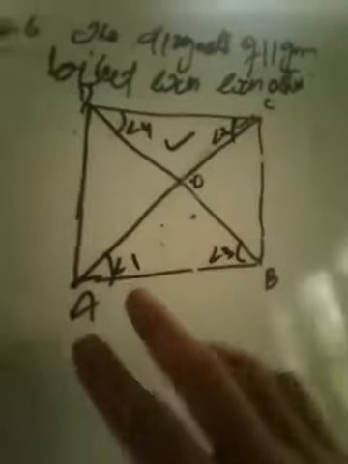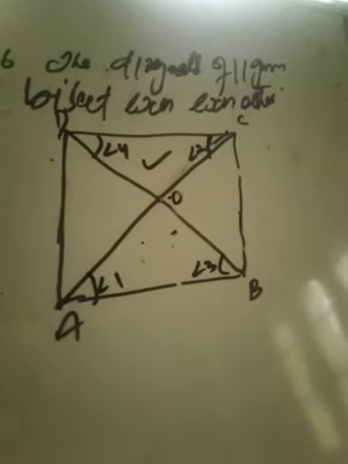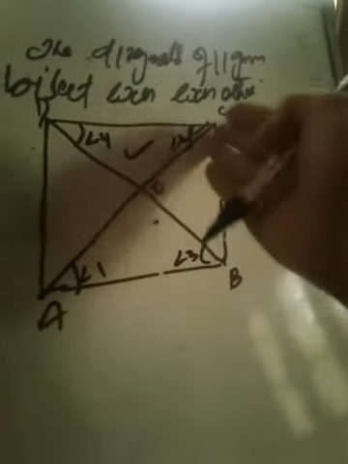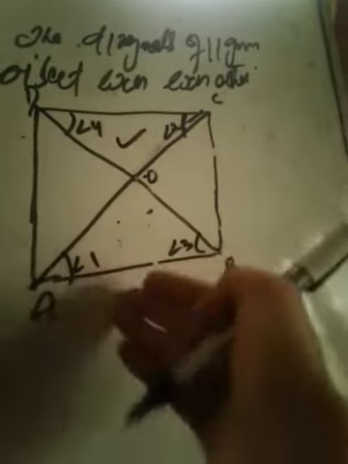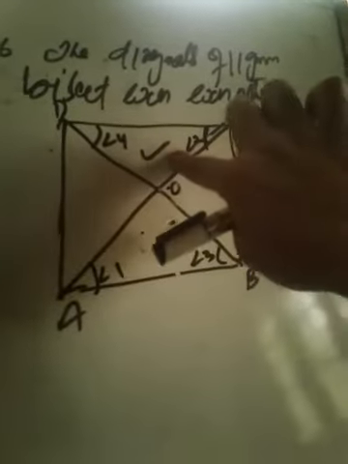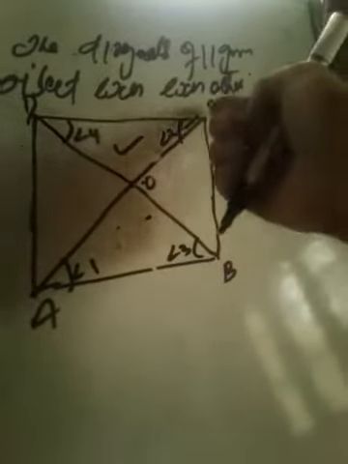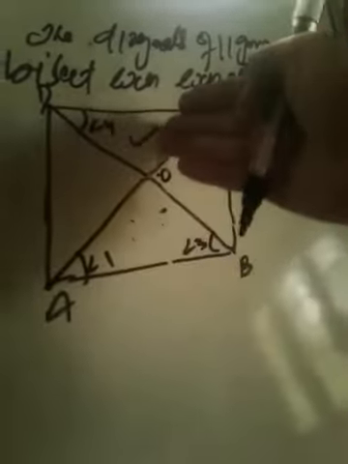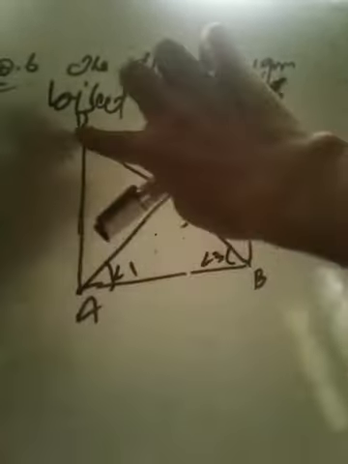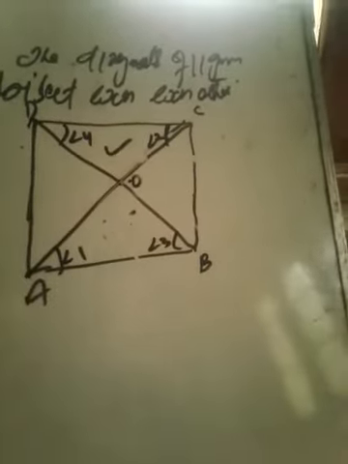Look, AB is parallel to DC, because ABCD is a parallelogram. We will consider AC as transversal. It means that angle 1 is equal to angle 2, alternate interior angles. Similarly, again AB parallel DC, we will consider DB as transversal, then angle 3 is equal to angle 4.